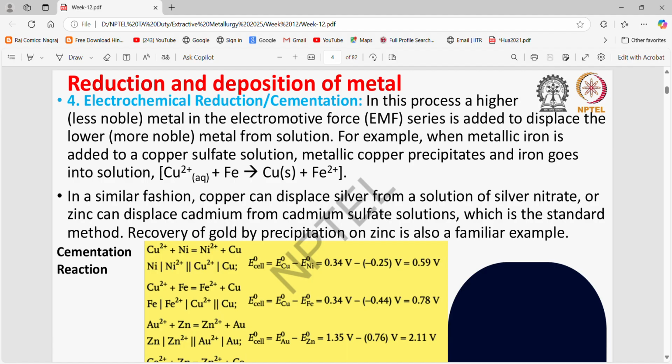So what we are trying to do, we are trying to add some extra metal inside that particular leach solution. Whatever metal we are going to add inside this leaching solution is more reactive than the metal ions present inside that solution. So this more reactive metal will get leached inside that solution, transferring its ionic charge to the other metal which is in the dissolved form inside that liquid solution.